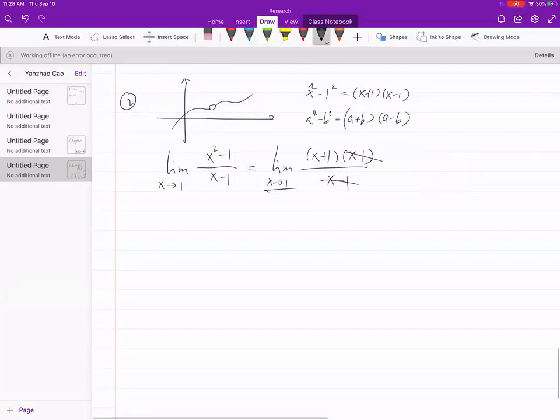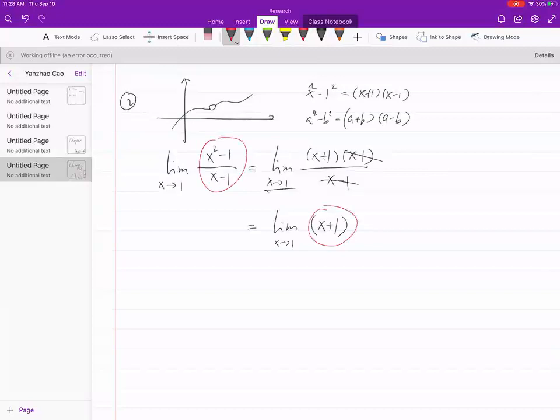Therefore, basically what we're trying to say is this function here and this function here are literally the same, except at x equal to 1. Good news is we don't care about what happens at 1. We care about what happens close to 1, which means not 1. Then we're okay.